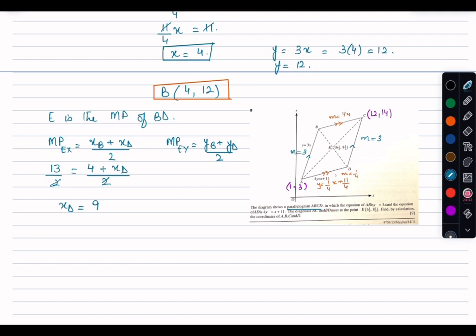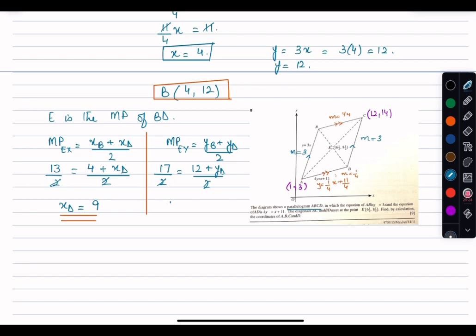And then substituting the y coordinates, it's 17 by 2. This will be equal to the y coordinate of B, which is 12, plus YD divided by 2. The 2 gets simplified. Sorry, not 19, it should have been 17 here. So it's 17 minus 12.